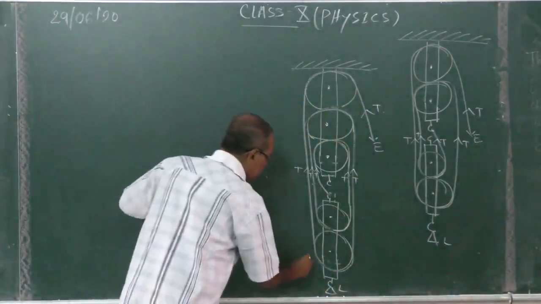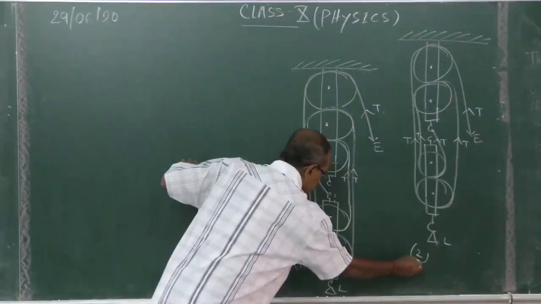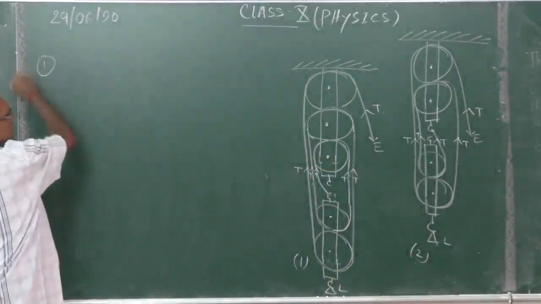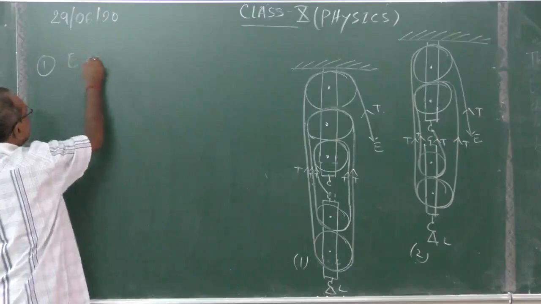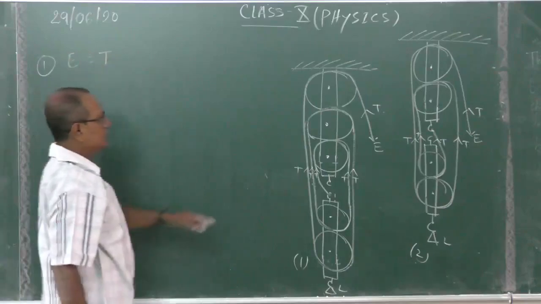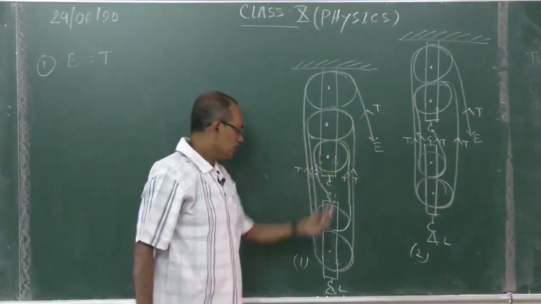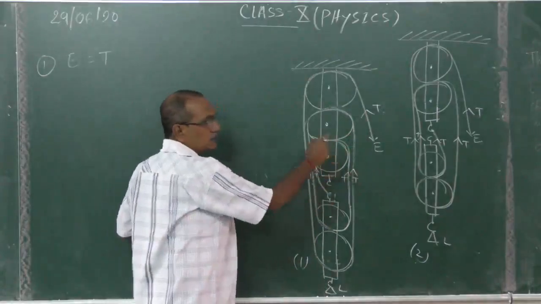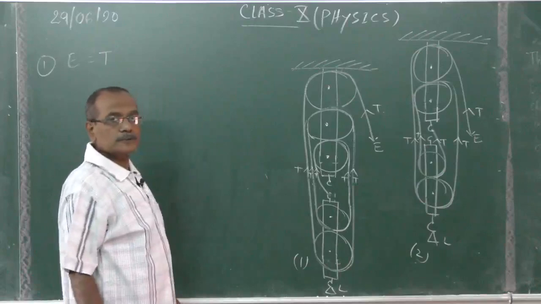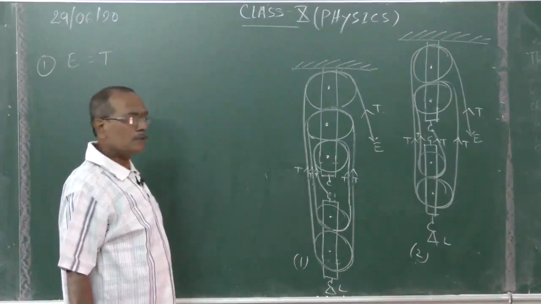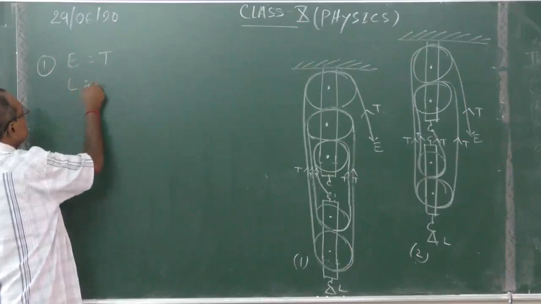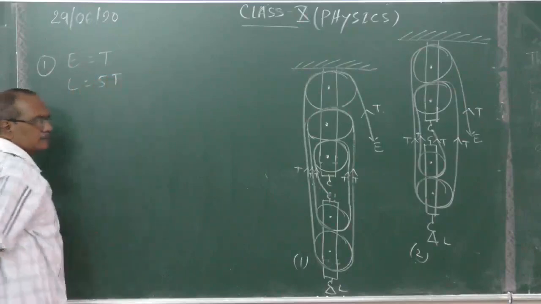So this is the first case, this one is the second case. Now in the first case, effort is equal to T, effort balanced by T. But load is balanced by 1, 2, 3, 4, 5 strands. 5 strands of rope. So therefore, load is equal to 5T.